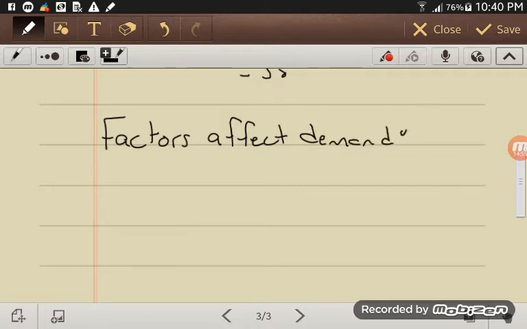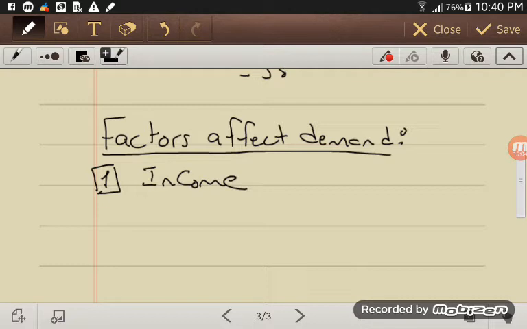Number 1, income. Do you think if income increases, you are going to demand more or less of a product? Here we have to differentiate between two different types of commodities: normal goods and inferior goods.